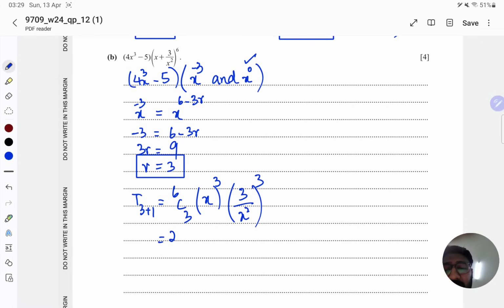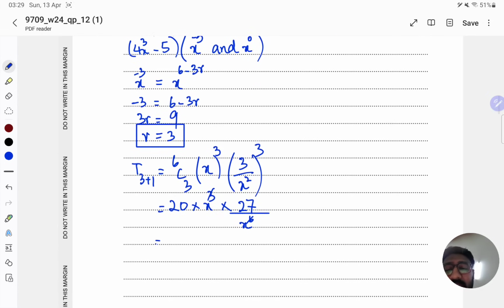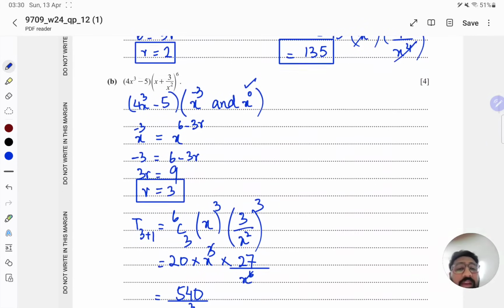6c3, which is 20, into x power of 3, and 3 power 3 is 27 divided by x power of 6. So if I simplify, I will just be left with 20 times 27, which is 540, divided by x power of 3. So now I just need to do the multiplication.